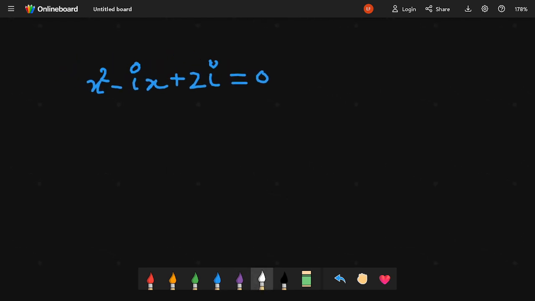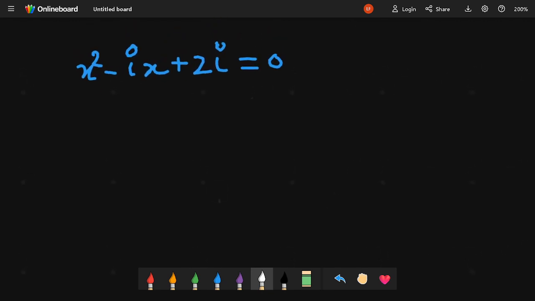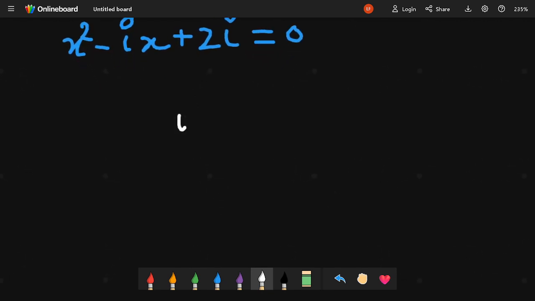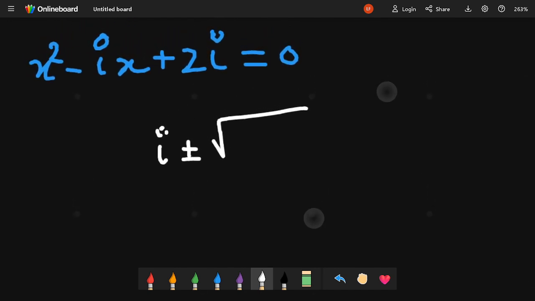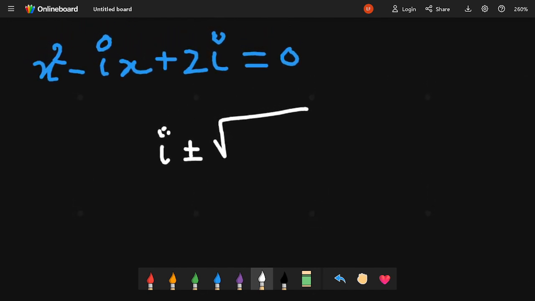It's very simple. We just use the quadratic formula. Minus b would be i, plus or minus the square root of b squared, which is negative i squared, which is negative 1, minus 4ac, which is 8i, over 2 times a, which is 1.